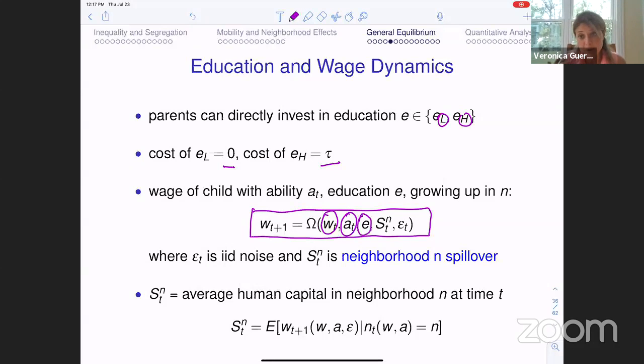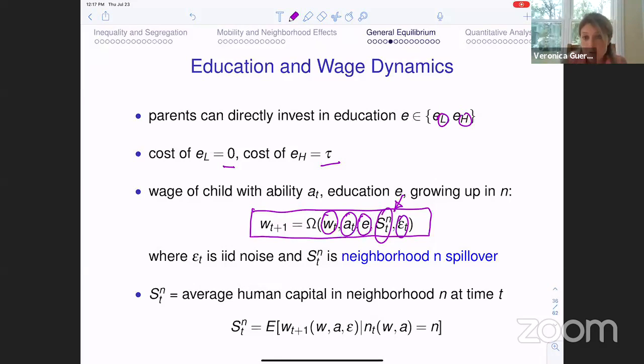The higher the educational level, the higher the income. There is also some random shock epsilon_t that absorbs everything that is not here and generates some smoothness in this function.